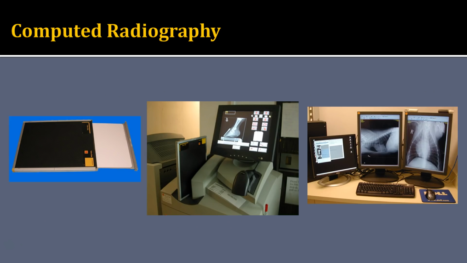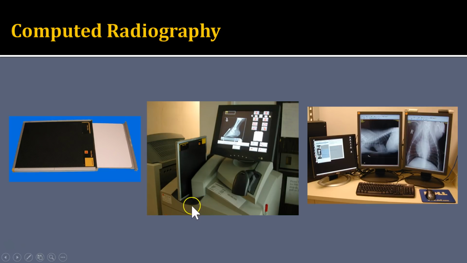So here is a typical setup for computed radiography. We have our imaging plate housed within the cassette. They come in various sizes like film screen radiography. This is sensitive to light, so it has to stay in the cassette. The imaging plate is exposed, and then we put the cassette inside the reader.